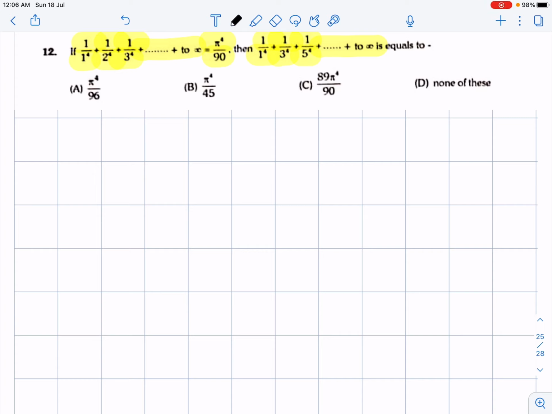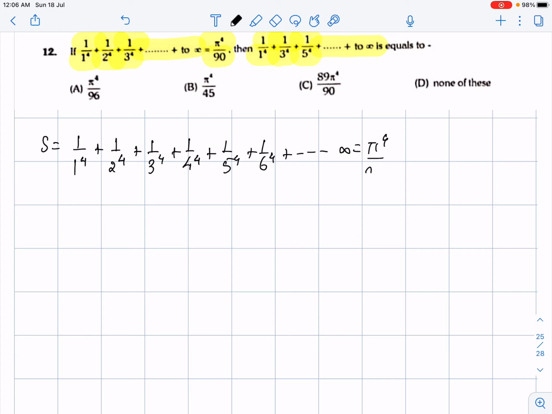So guys, to solve such type of question, we will assume let capital S is equal to 1 upon 1 power 4 plus 1 upon 2 power 4 plus 1 upon 3 power 4 plus 1 upon 4 power 4 plus 1 upon 5 power 4 plus 1 upon 6 power 4 and goes on up to infinity is pi power 4 by 90, given to us.